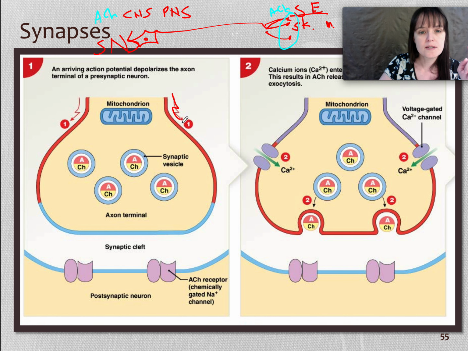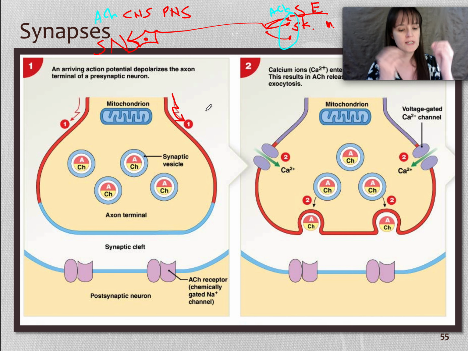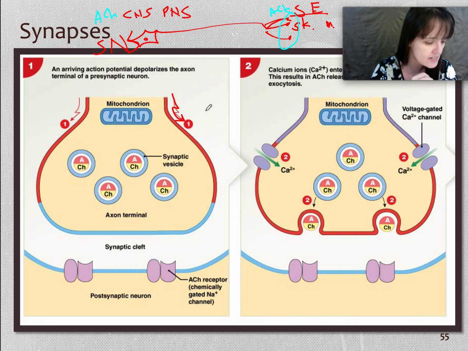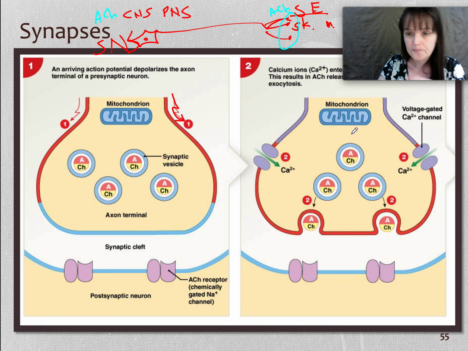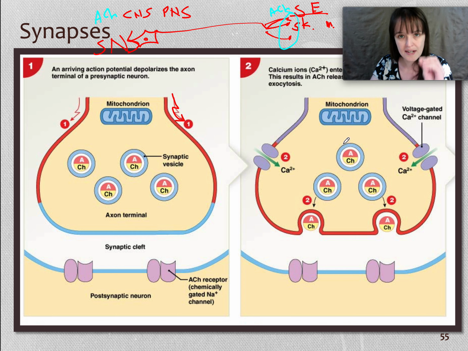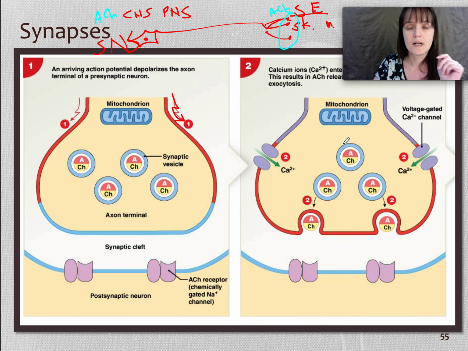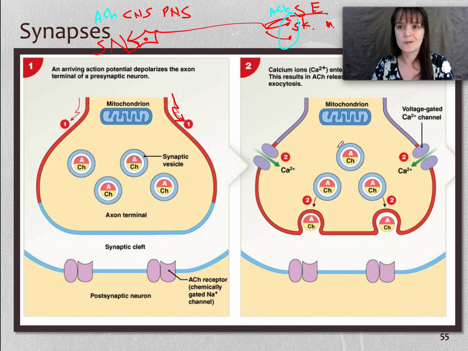So these red zappies here are the action potential that arrives and depolarizes the synaptic knob. The synaptic terminal, also called an axon terminal, all means the same thing. Number two, this is the part that used to be covered with neuromuscular junctions, but then they deleted it out of the book, and I think it's still on the review page.